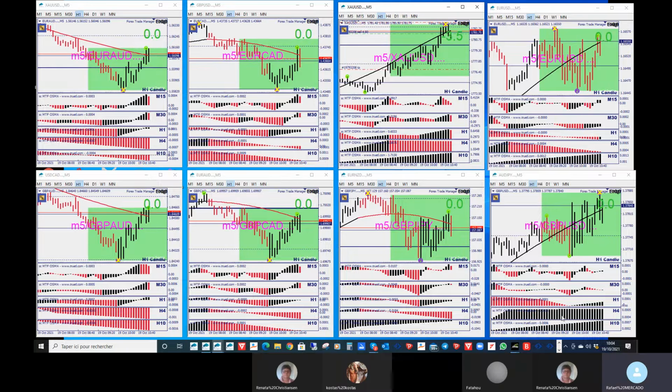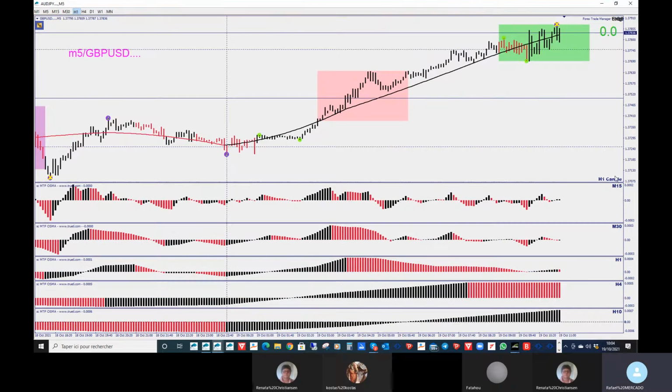Dollar is flickering the 4 hour, establishing the high of the day. The 1 hour changed color also. So it's making high of the day and high of the session.